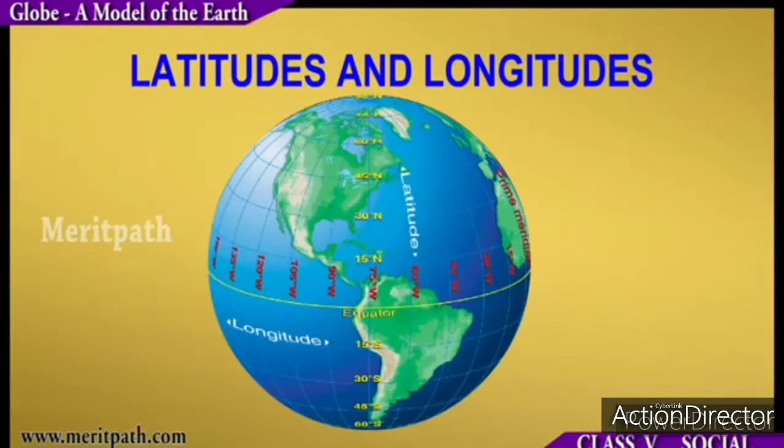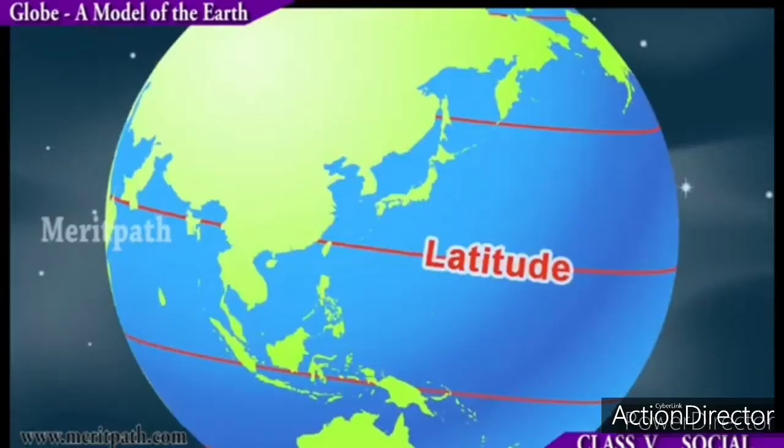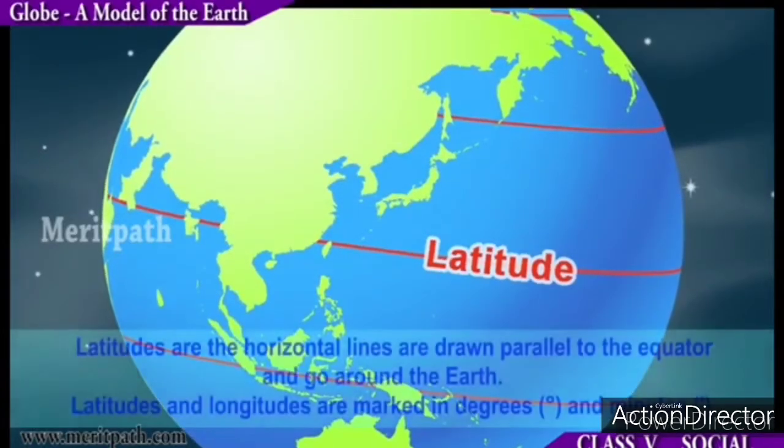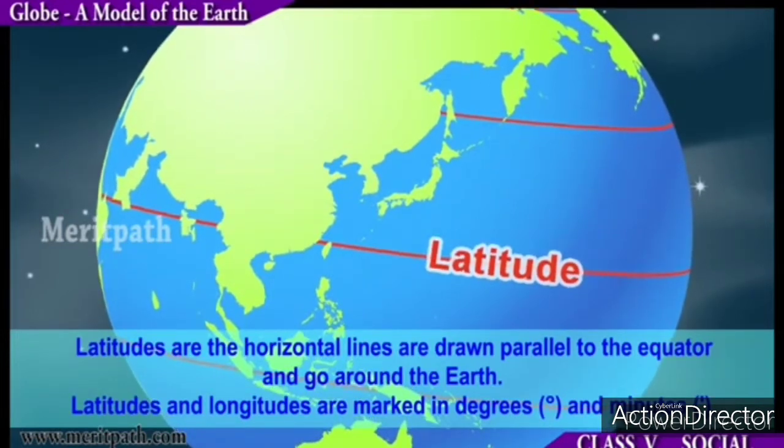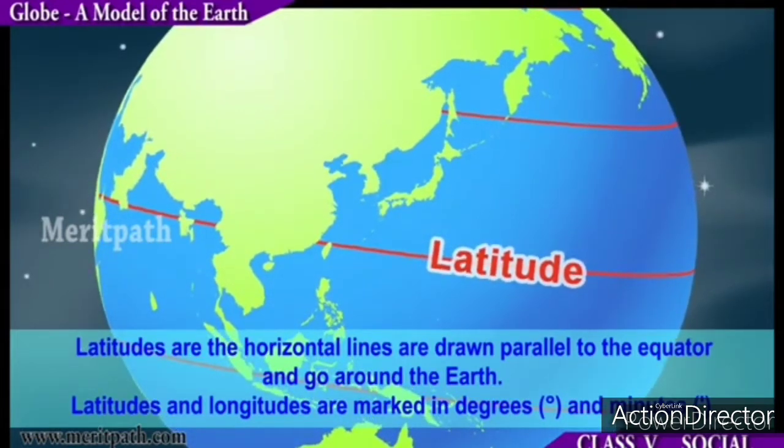The latitudes and longitudes. The horizontal lines drawn parallel to the equator are latitudes, and they go around the earth.